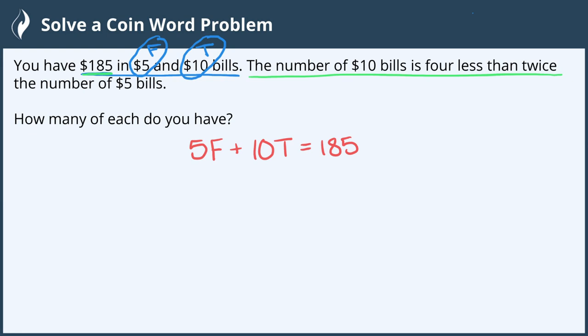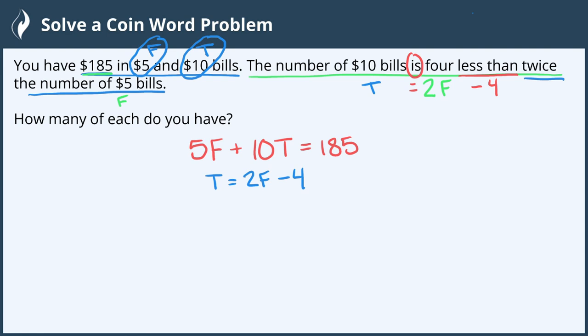So the number of $10 bills, which we've already given a variable for because we don't know how many there are, T. Then we translate the word "is," which is equals, "4 less than," the phrase that switches the order, so this will be subtract 4, then twice the number of $5 bills, which we also have a variable for, which is F. So it will be 2 times, or twice, F. There's our second equation. We have T equals 2F minus 4.